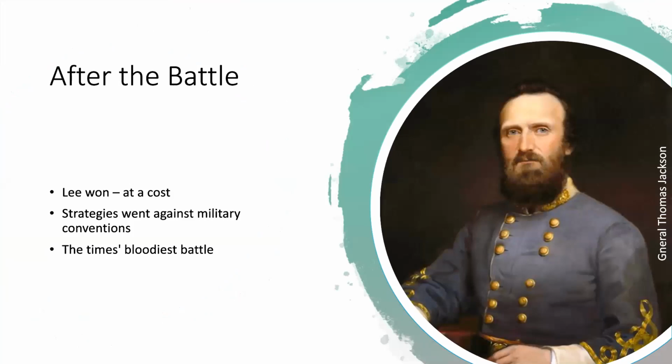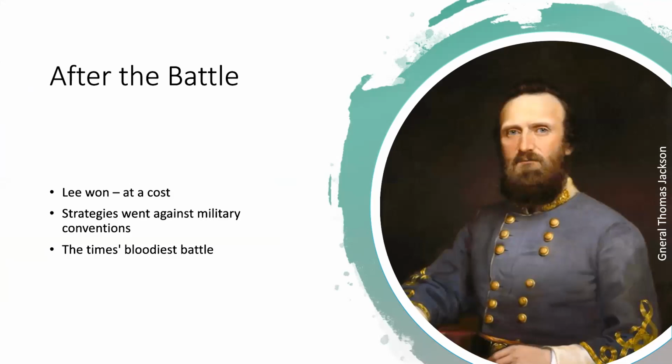After the battle, Lee won, but it was at a cost because General Jackson was mortally injured due to friendly fire, which was already a problem before this battle even started. General Jackson was scouting the Union lines, and Confederate pickets, which were members of the 18th North Carolina Infantry, mistook his party as Northerners and shot fires into his area.